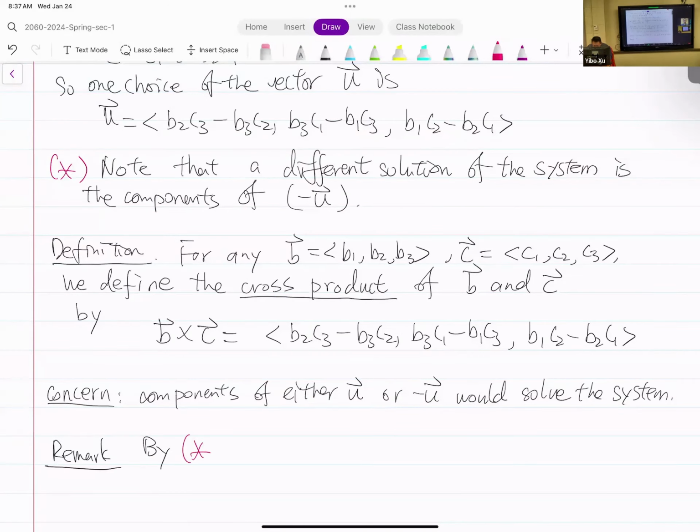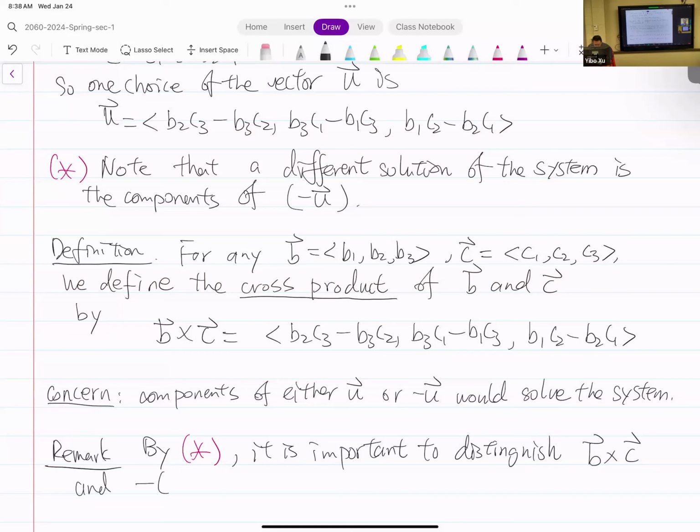It is important to distinguish B cross C and the negative of this vector.